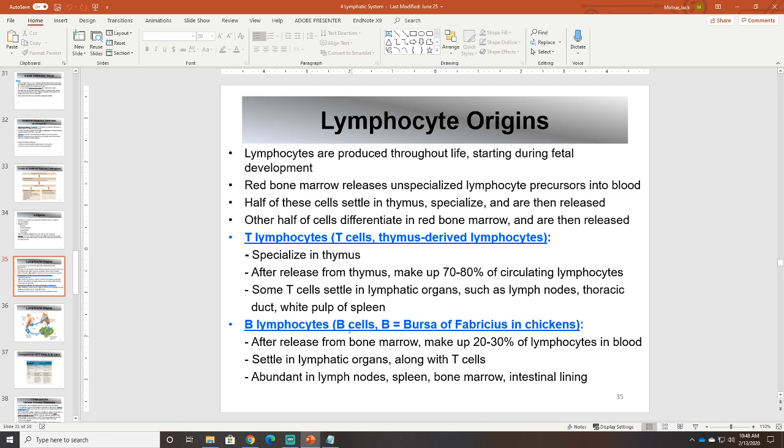And then the B cells, they will mature in the bone marrow. Now, T stands for thymus-derived lymphocytes, and B stands for bursa of Fabricius in chickens. So it's okay to remember B is for bone marrow. That's fine. The bursa of Fabricius is where the B cells were first discovered. That's why they get that name. All right.